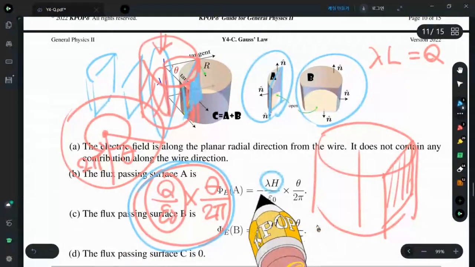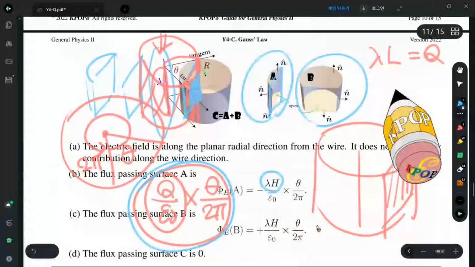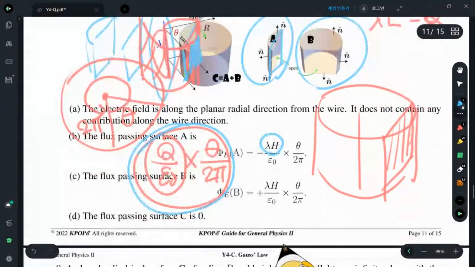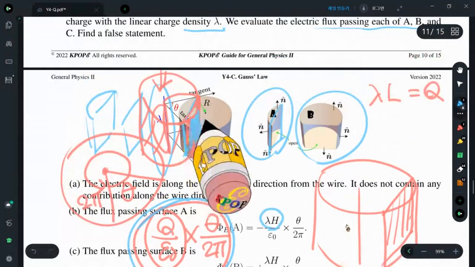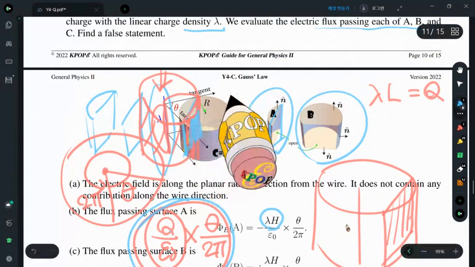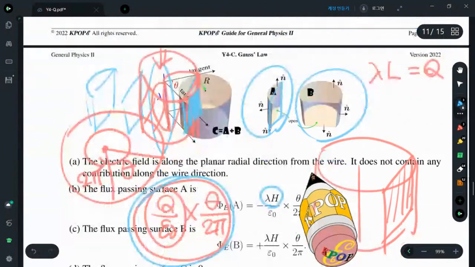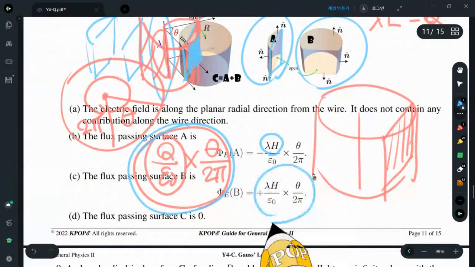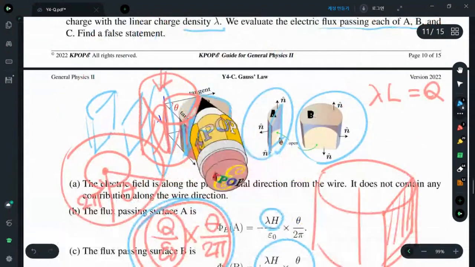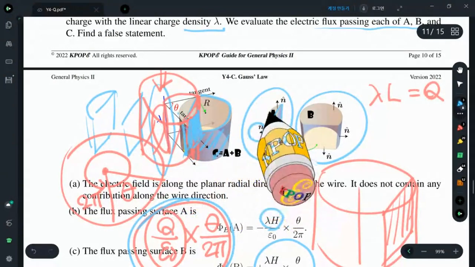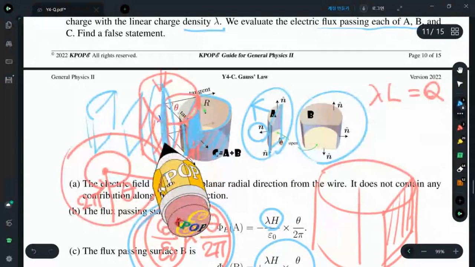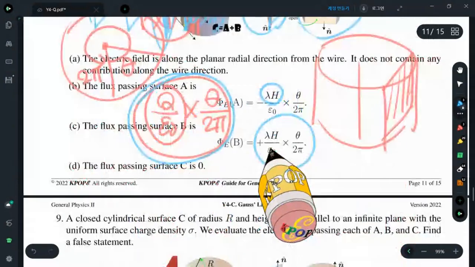This charge is lambda h. Therefore, the amount of electric field flux passing this surface is this one, and that is the same as the flux passing B, but A's direction is toward the charge, so we have a sign difference.